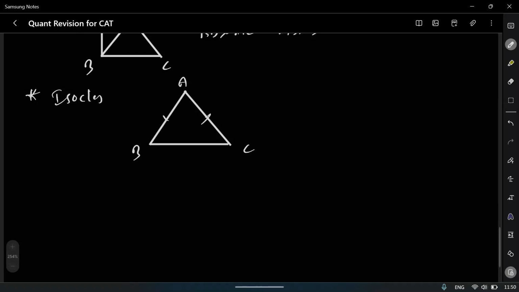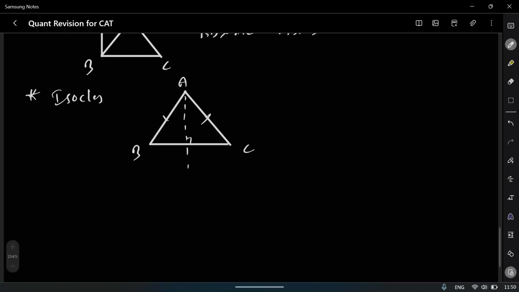These two are equal, and if you draw a perpendicular from A to BC, the orthocenter, centroid, incenter, and circumcenter all lie on this line only.